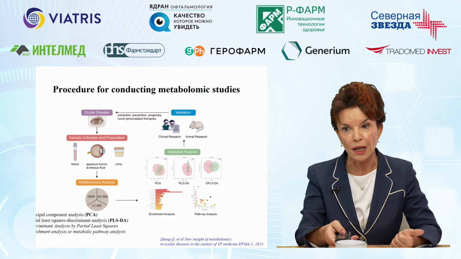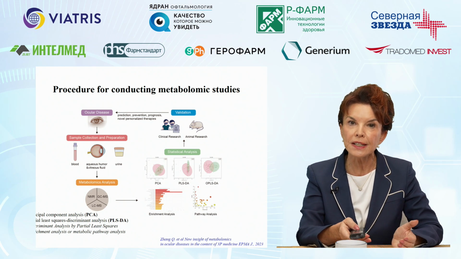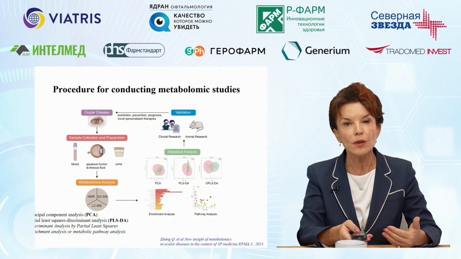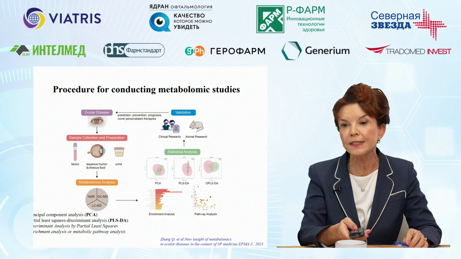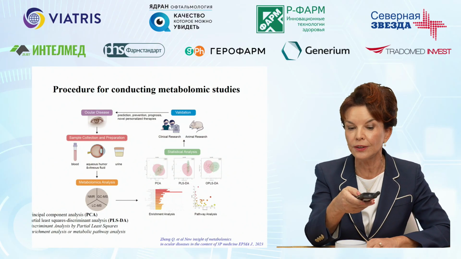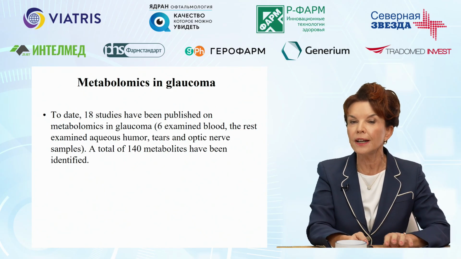We do the enrichment analysis of metabolic pathways, and when we have done this, we can see the predictors or biomarkers, metabolic biomarkers, and we do the validation on animals or in a particular clinic on human patients. So this is the difficult path of metabolome studies.